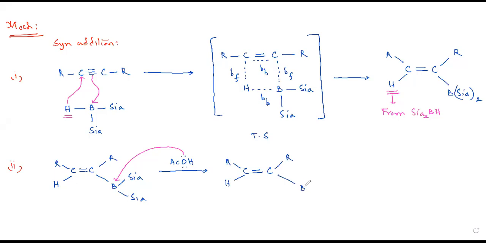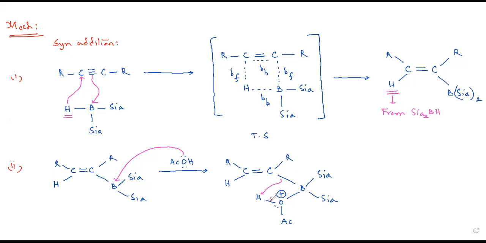You got boron, Sia, Sia, then of course O, which is connected, then H, then the acetyl group. But oxygen, of course, will still have a pair of electrons. So let me put a positive charge because it will have 5 electrons around it.